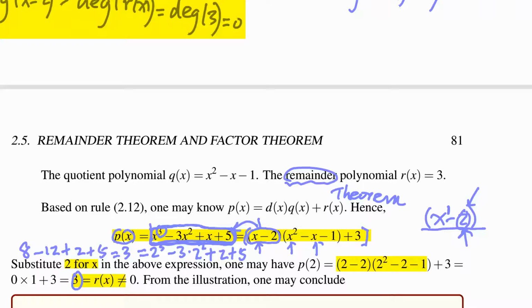Whatever you get, that will be the remainder. Very powerful.